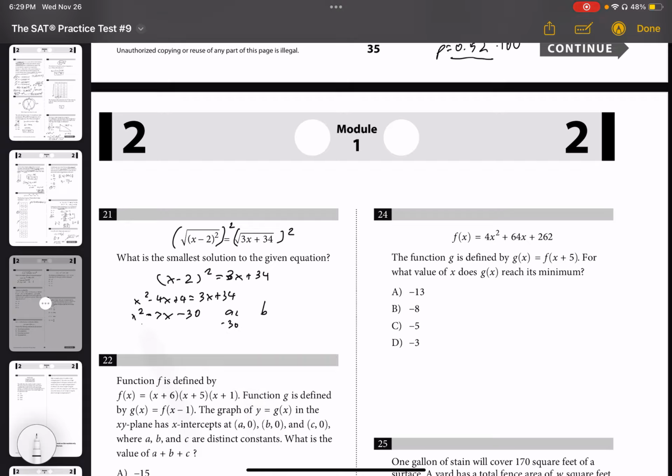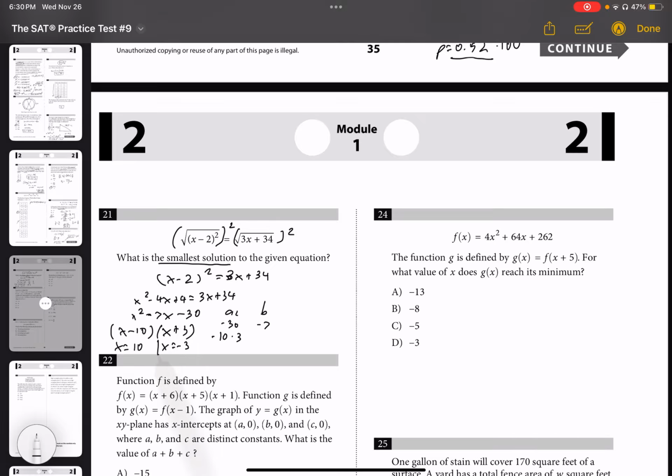You have negative 30 when you multiply A and C, and your B is negative 7, so you need two things that when multiplied give negative 30 and add up to negative 7. So in this case, it's going to be negative 10 times 3. So x minus 10 and x plus 3. So your answers are going to be x is equal to 10 and x is equal to negative 3.